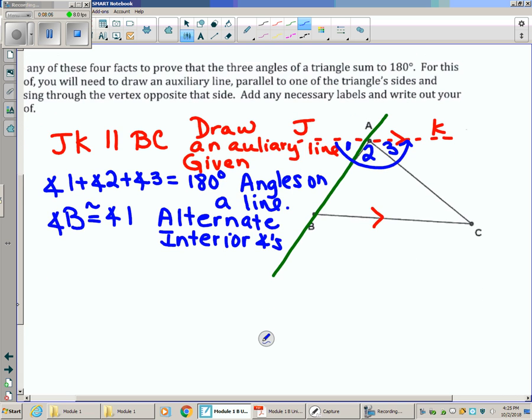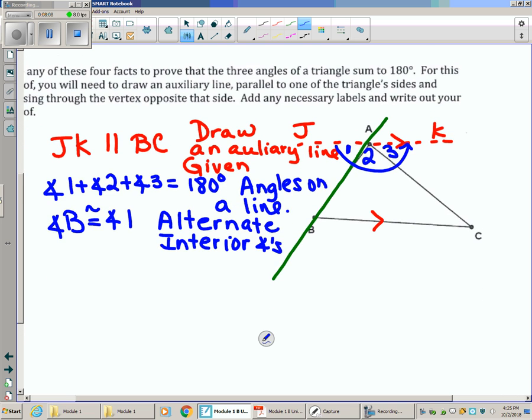Well, we also have angle C is also congruent to angle 3 for the same reason. If you look here, these are alternate interior angles. Over here, angle B, alternate interior angles.